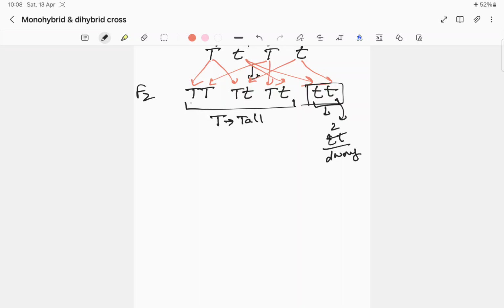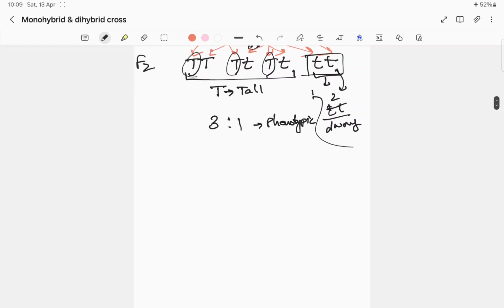And here we have at least one capital T in each case, so it will be tall. So the ratio of F2 phenotypically will be 3:1. Phenotypic means physical appearance. If you see the plants, you can say three plants are tall and one is dwarf, right?